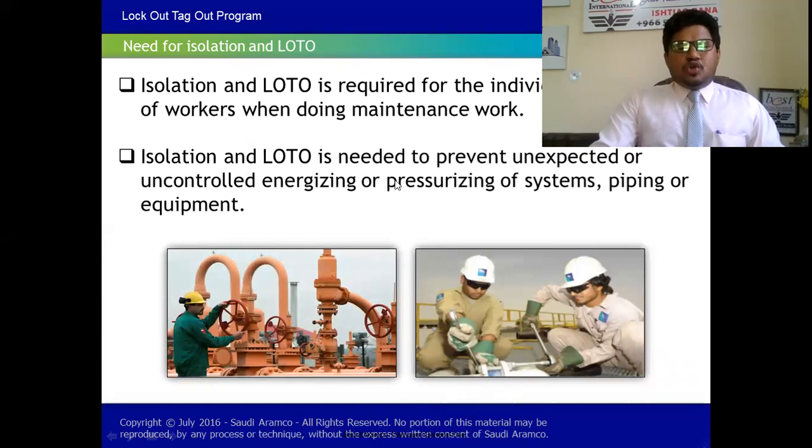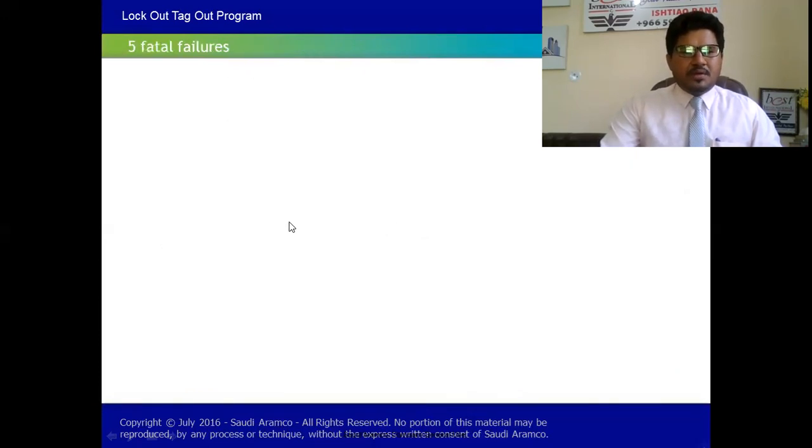However, isolation and LOTO is needed to prevent unexpected or uncontrolled energizing or pressurizing of systems, piping, or equipment. That is an important point to remember and to understand technically also. It's a prevention, actually, to avoid unexpected or uncontrolled energizing or pressurizing of systems, piping, or equipment.